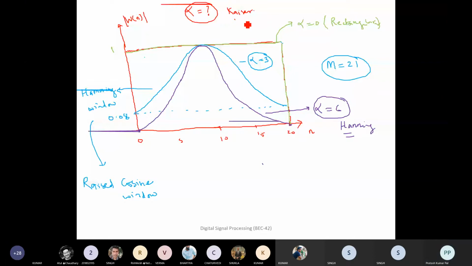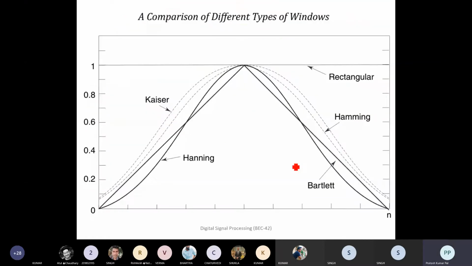Okay, so if we compare all the different types of windows available, we can see here the complete comparison of different windows.